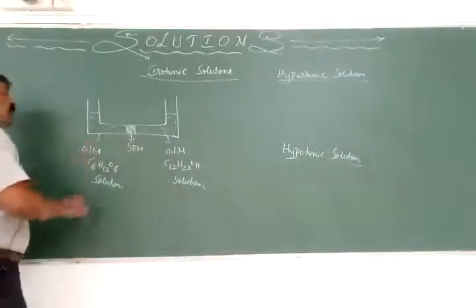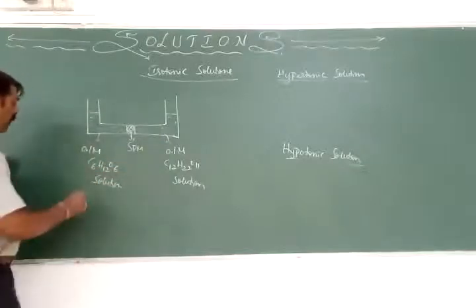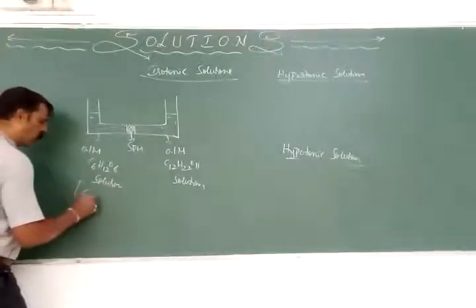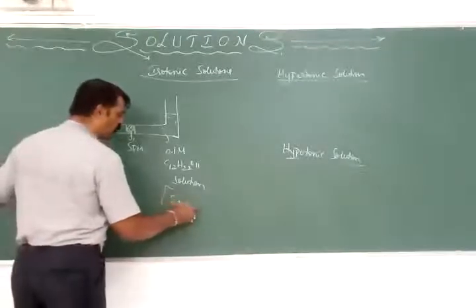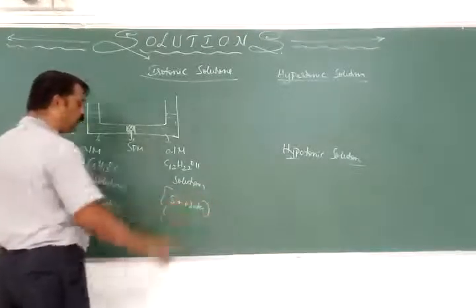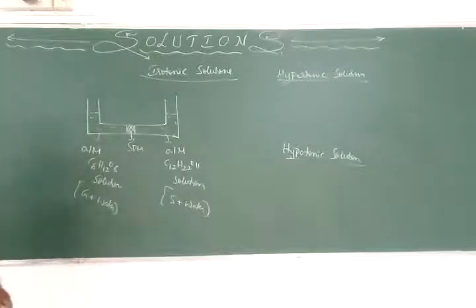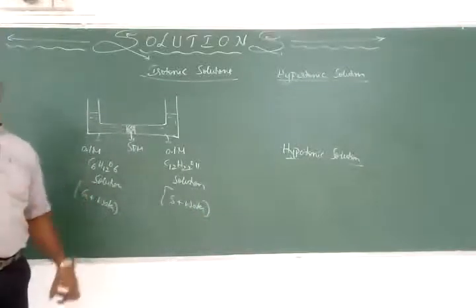Now, where will the solvent move here? So here glucose plus water, here sucrose plus water. Here glucose and sucrose are solutes and water is the solvent. What is the concentration of solvent in both the cases?